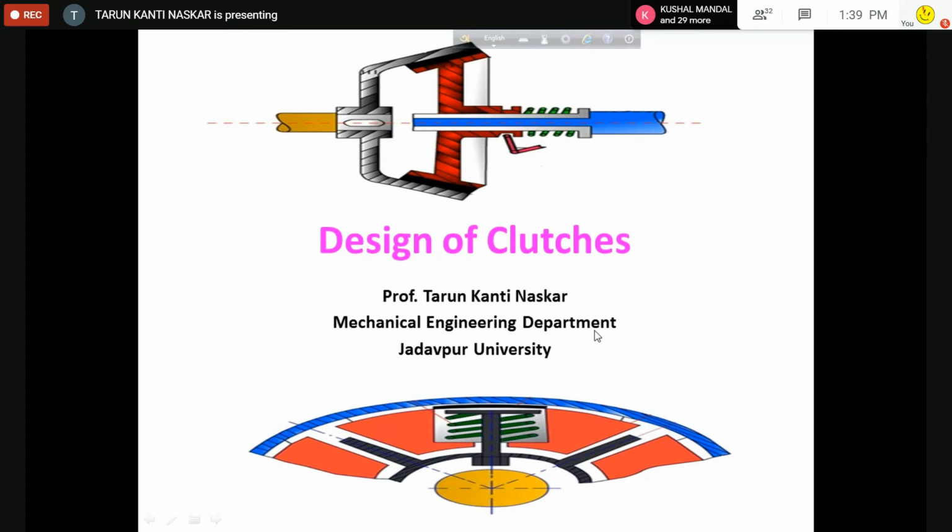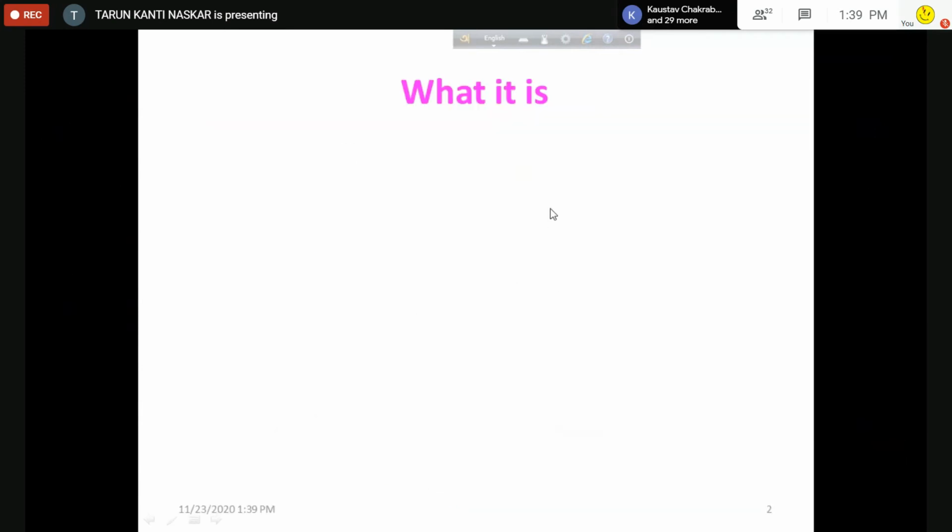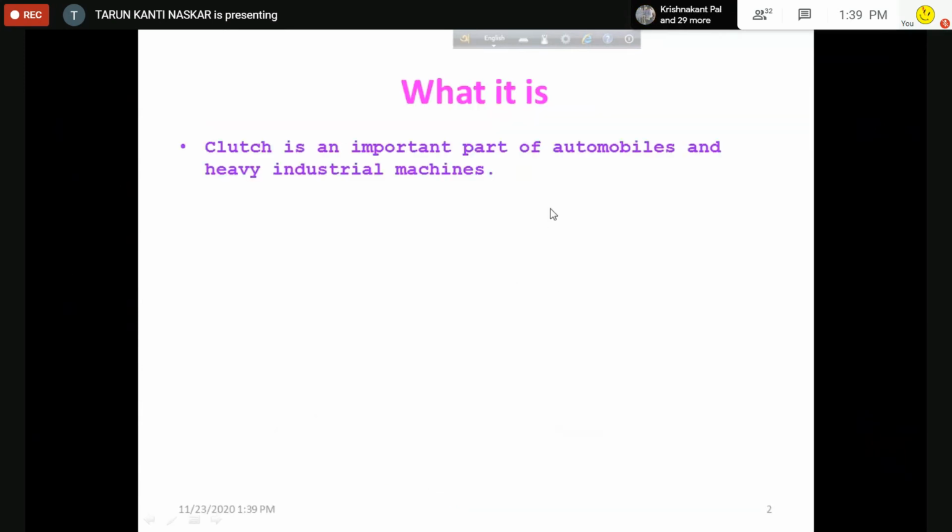So clutches are a very important machine element. Now what is it first? It is an important part of an automobile, obviously, and also of heavy industrial machines, not for automobiles only. For heavy industrial machines, the clutch is a very important machine element.